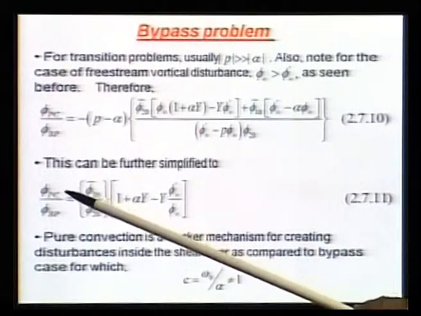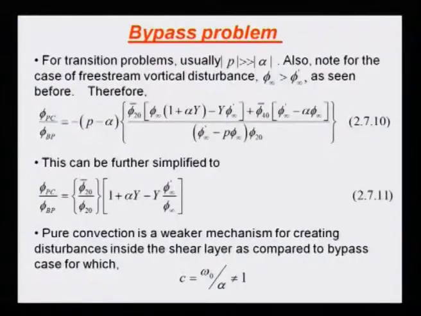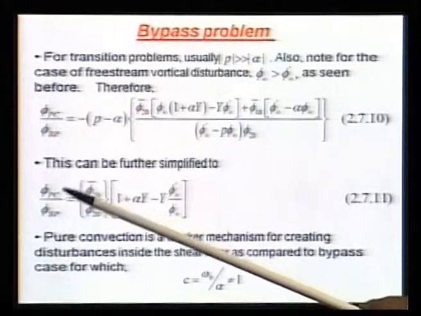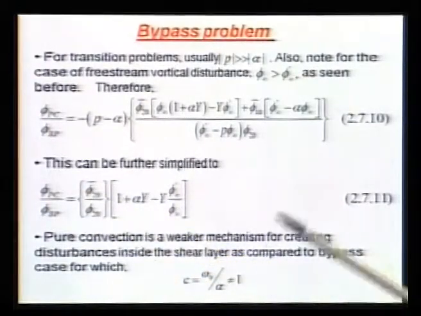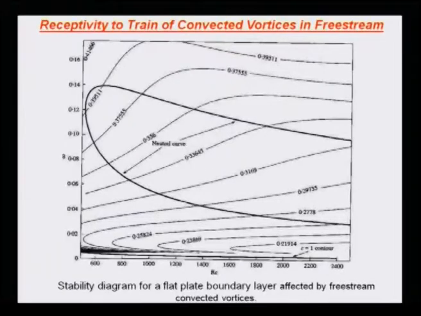So what you notice is that these two are essentially events occurring due to whether you are looking at an inviscid vortex in the free stream or a viscous vortex. That's what phi PC and phi BP stand for. This corresponds to the inviscid vortex, and this corresponds to the viscous one. And one notes that the inviscid vortex actually plays a lesser role, and we can see that very clearly, because your inviscid vortex corresponds to c equal to 1.